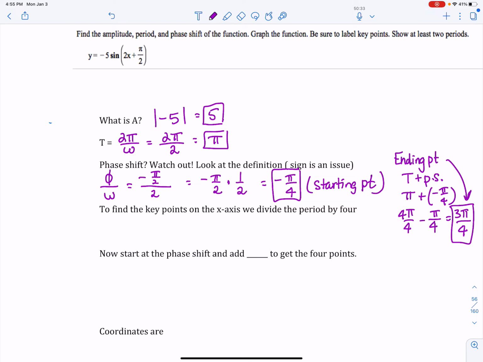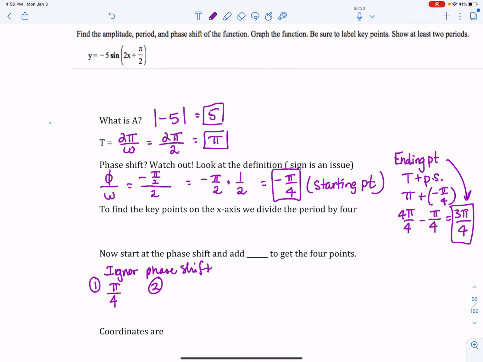So once again, if you ignore the phase shift, my 4 key points, I would take pi and divide it by 4, and that would give me my first point, because I take the period and divide it by 4 equal parts, right?